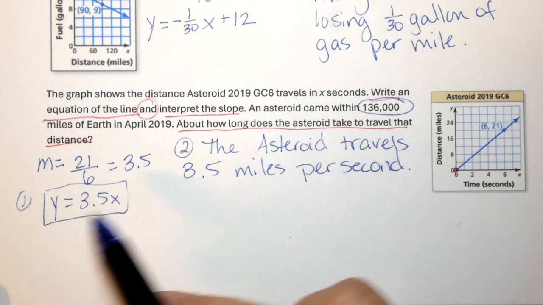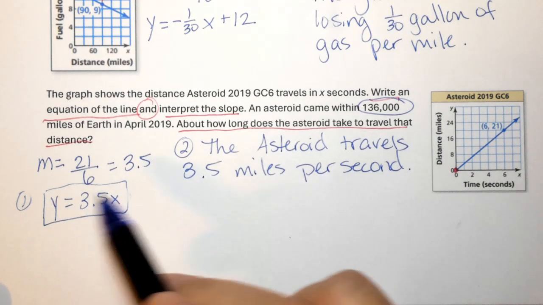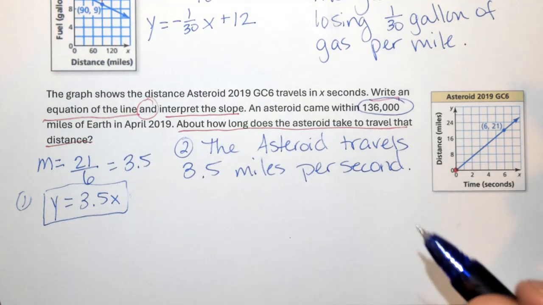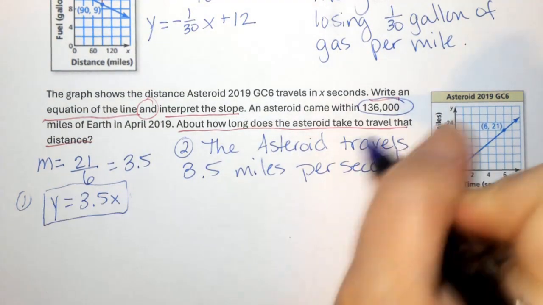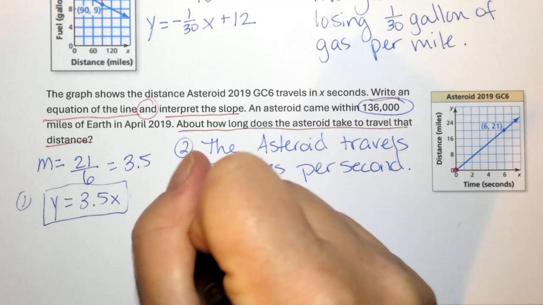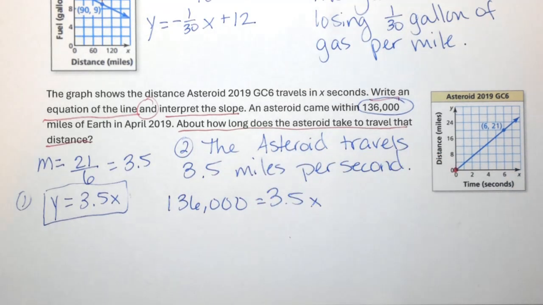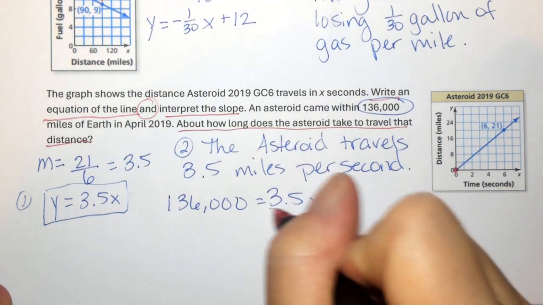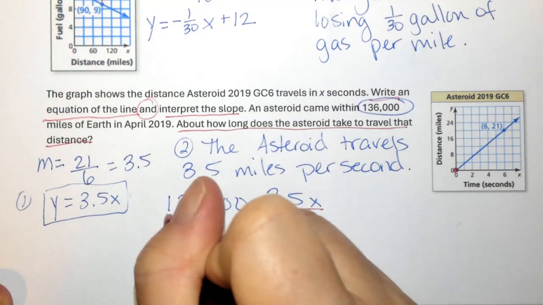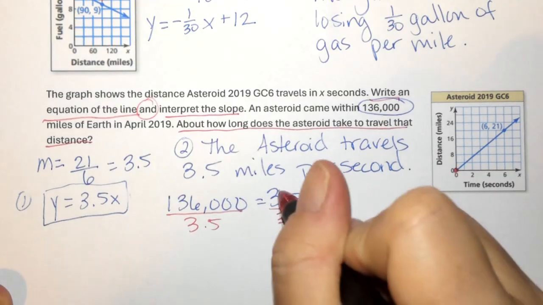We don't know the x, we do know the y. So we're going to use this equation to find our x. We know y is 136,000 miles. We want to know how long it took to travel that many miles. So we're just going to divide both sides by our coefficient, which is 3.5.